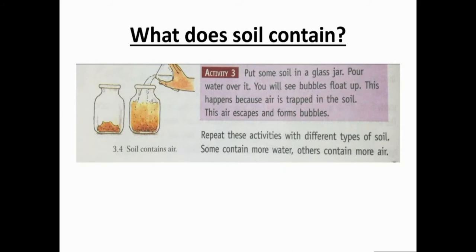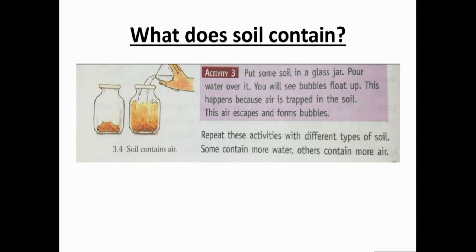Next, another activity you have to do. You will put some soil in the glass jar again, then pour water over it. When you pour water, what will you see? You will see some bubbles floating up. What do these bubbles show? That air is trapped in the soil.